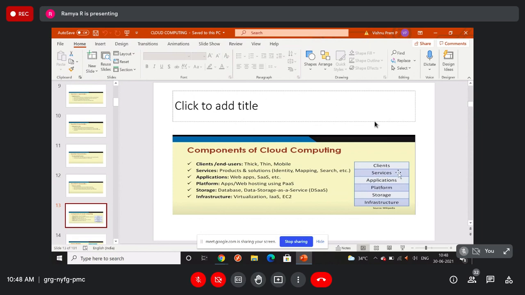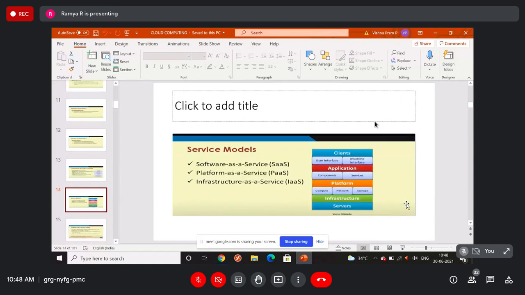These applications are developed on the platform. The applications that are developed and their data can be stored in the storage. And the storage and everything can be provided through the infrastructure. So all those things are related.